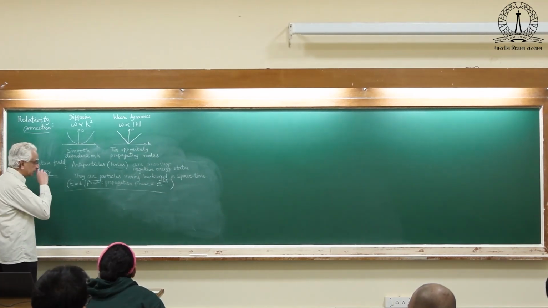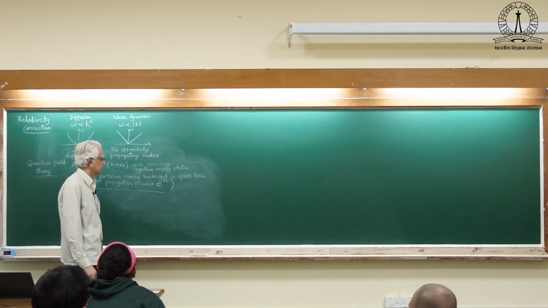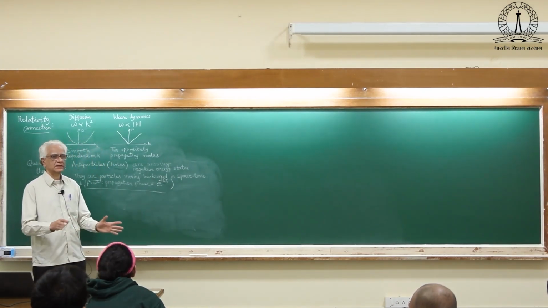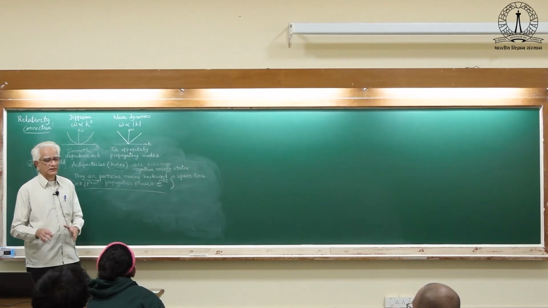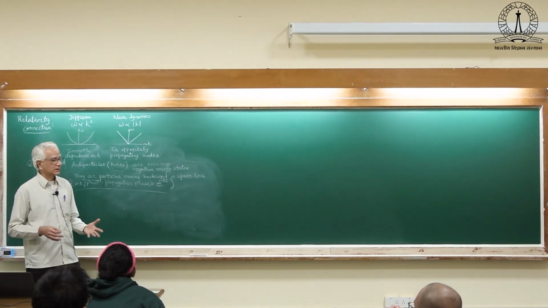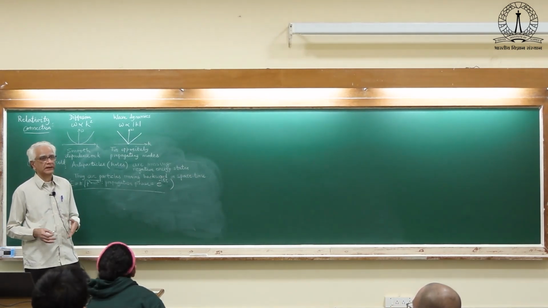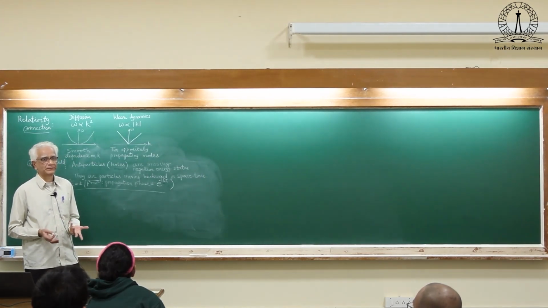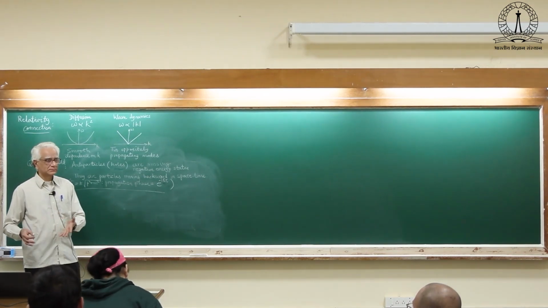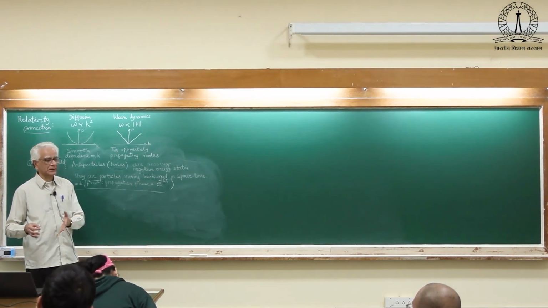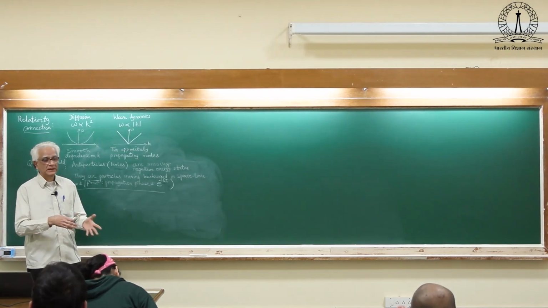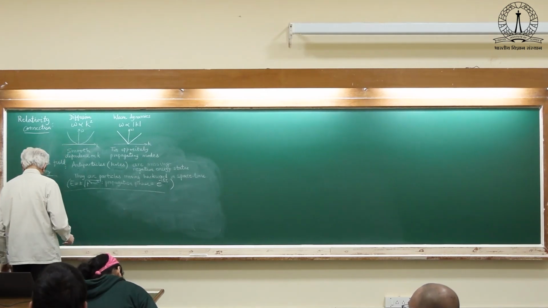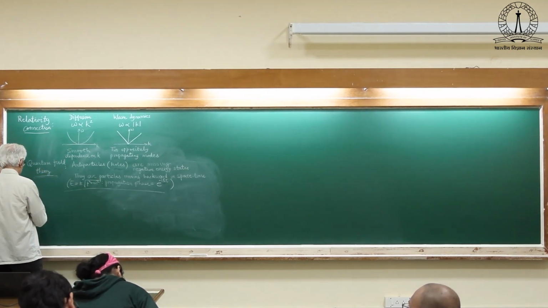So now I want to go further and ask, we constructed this classical random walk and its quantum analog, you can call it quantum walk. What is it useful for? We have to now bring in some problem which this particular structure can solve. And these are some of the applications.